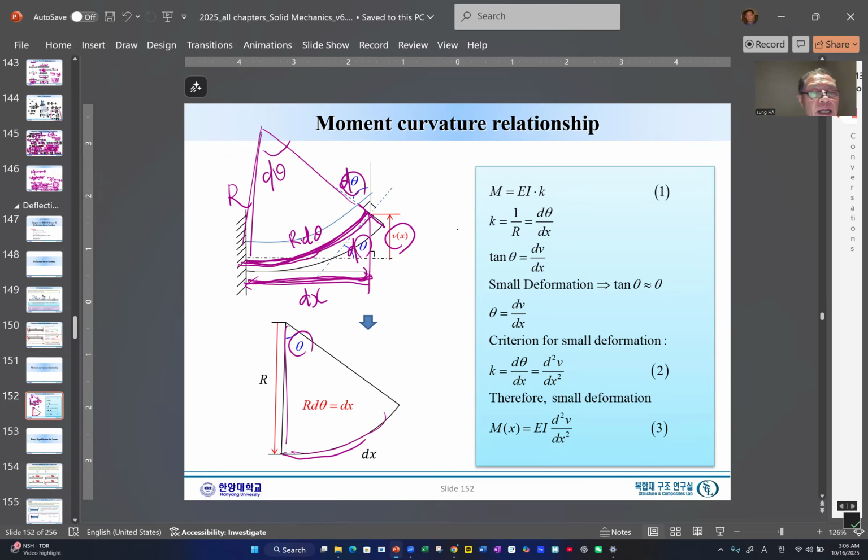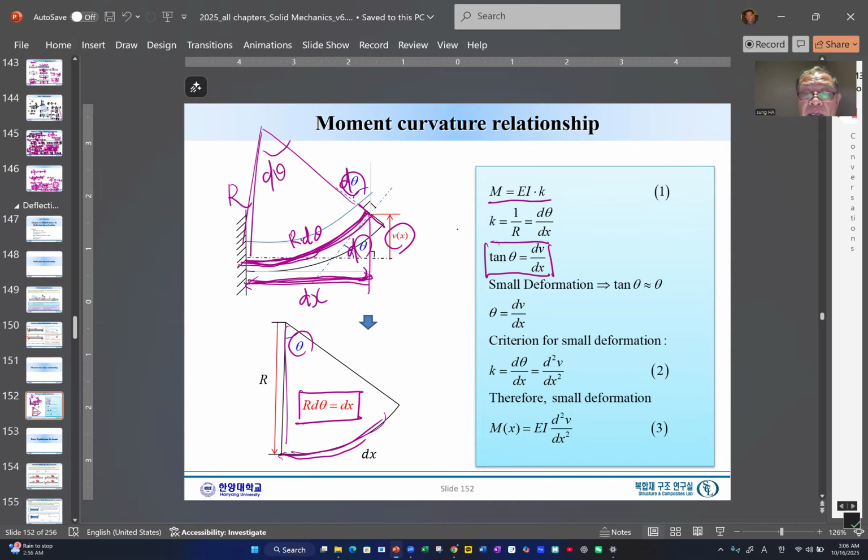Small deflection doesn't mean very small, or under certain constraint. This R d theta is the same as the R d theta and dx. We already assumed this in the previous section. So this is what we already know, and this is what we already know.